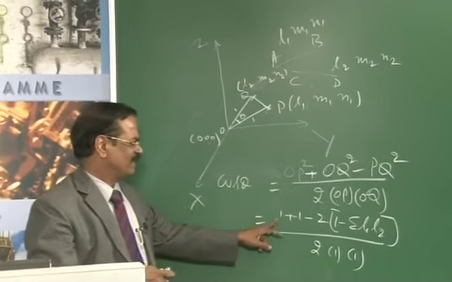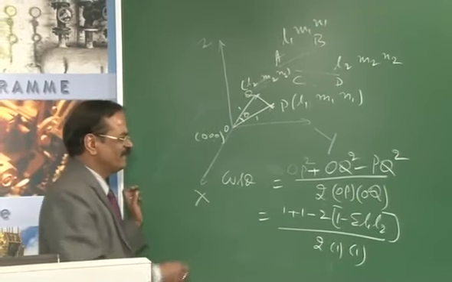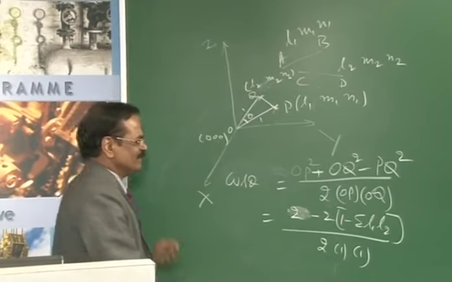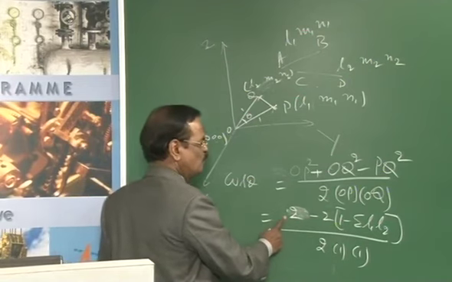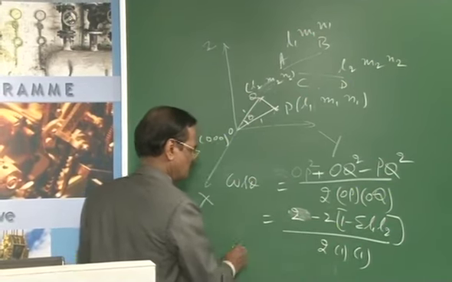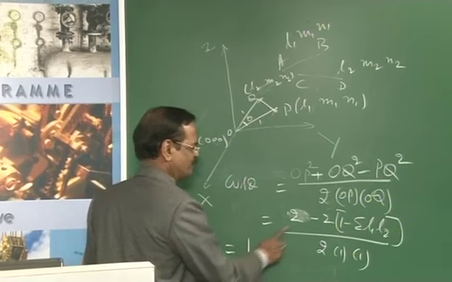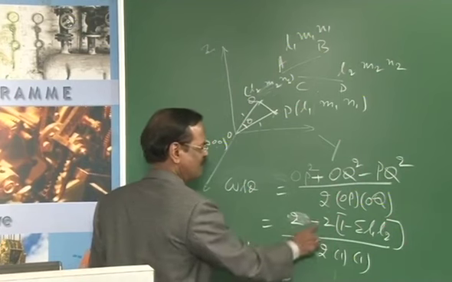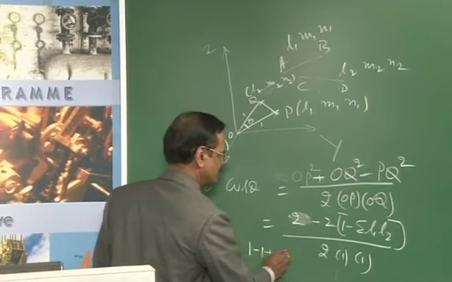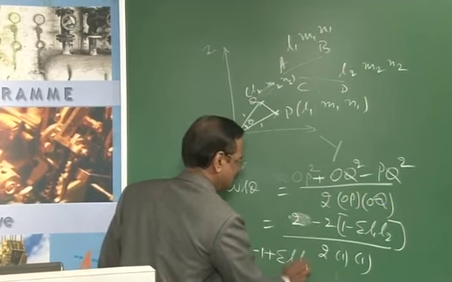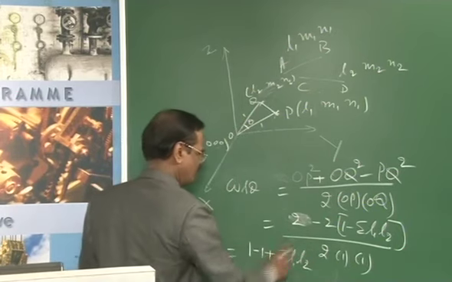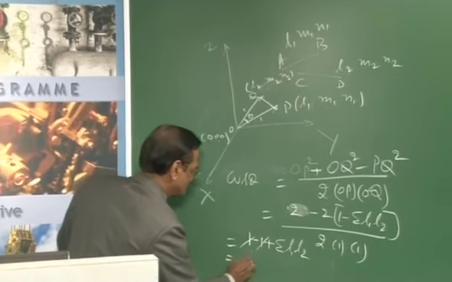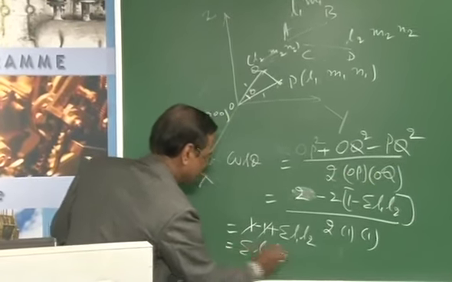Then here 1 plus 1 is 2, you remove the 2 common and it cancels. So on simplification you will be getting 1 minus 1, and minus minus plus, sigma L1 L2 I will get here. Divided by 2 cancelled, so you will be getting cos theta equal to summation L1 L2.